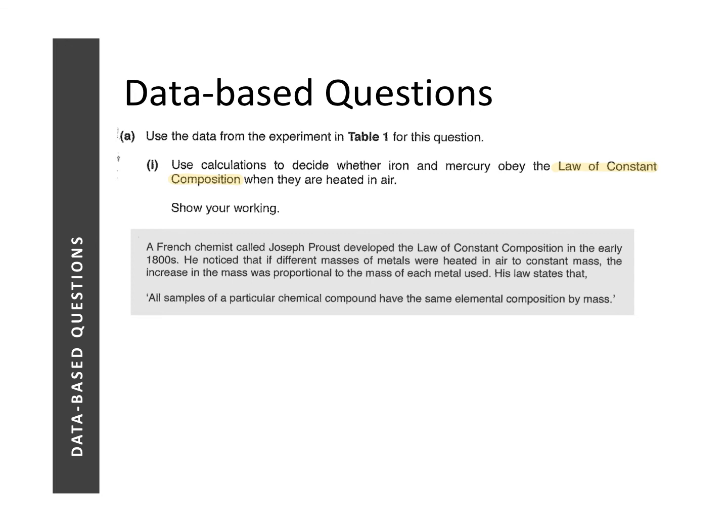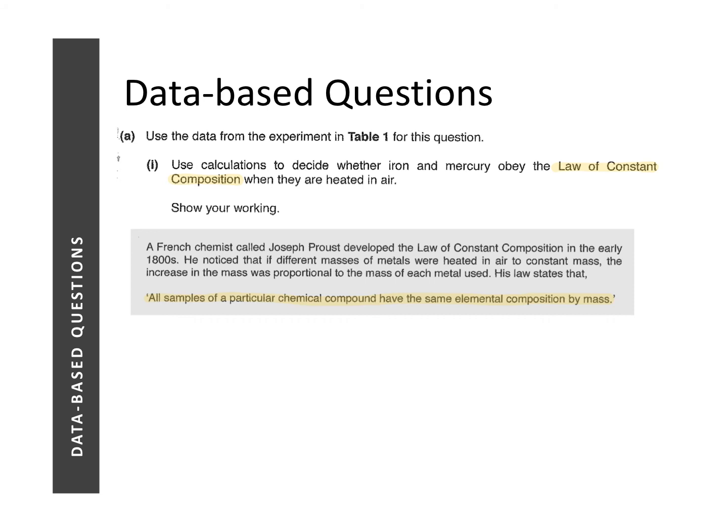Okay, so the law states this, that all samples of a particular chemical compound have the same elemental composition by mass. So what that means is that, for example, if I have a sample of iron oxide, the percentage by mass of iron is always the same as another sample of iron oxide.